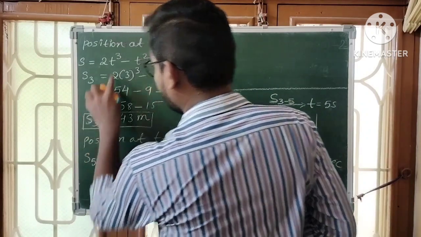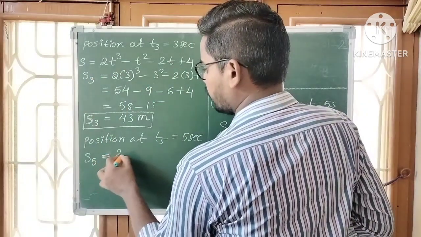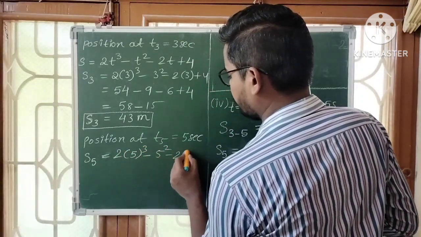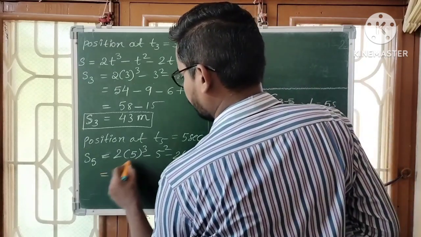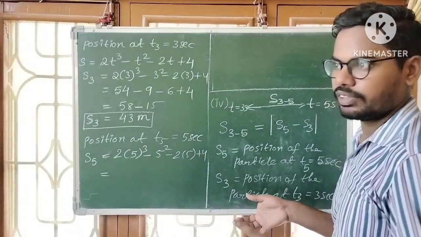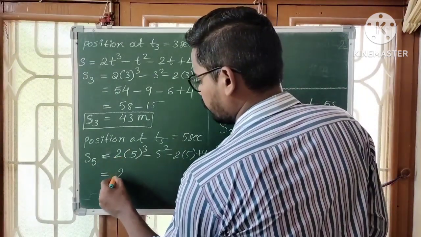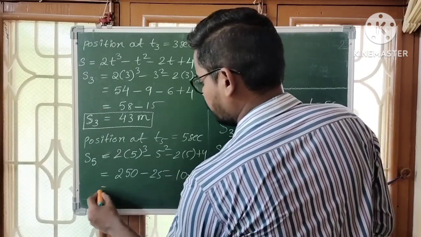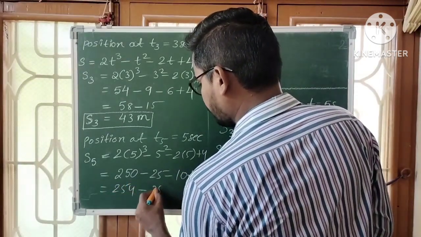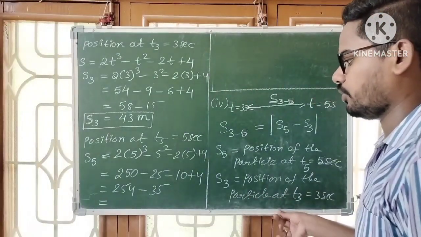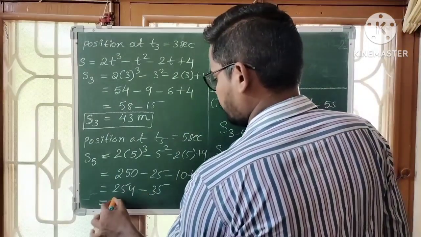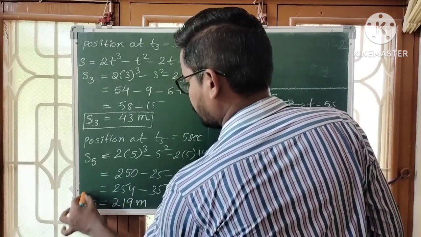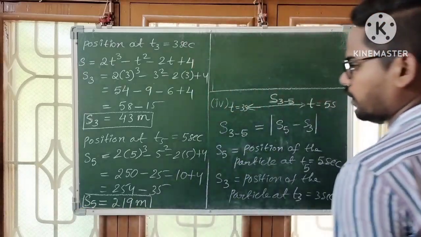S5 is equal to, replace t by 5: 2 into 5 cube minus 5 square minus 2 into 5 plus 4. 5 cube: 5 fives are 25, 25 fives are 125, 125 into 2 is 250. 5 square is 25, minus 10 plus 4. 254 minus 35, how much? 219 meters. So position at 5 seconds is 219 meters.